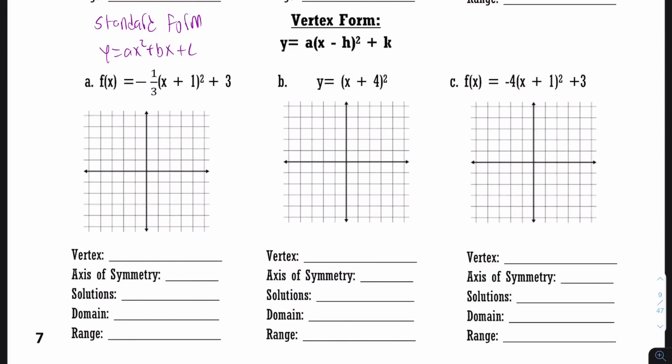And vertex form is pretty cool because in vertex form, this number, whatever this number is, is just a number, and that number is one of your factors from whenever you completed the square. So it's not just the number, but it's also a factor. And this is the x of the vertex.